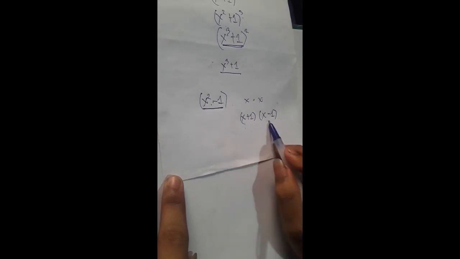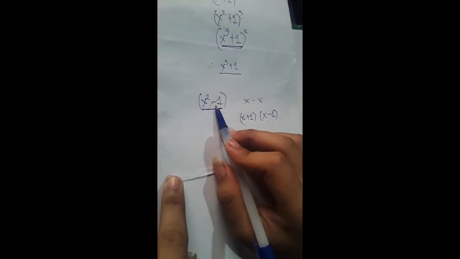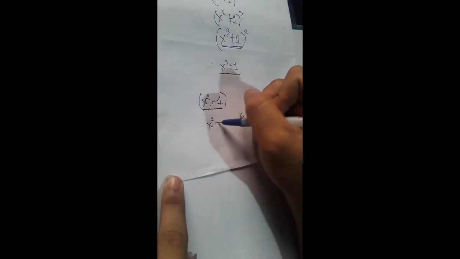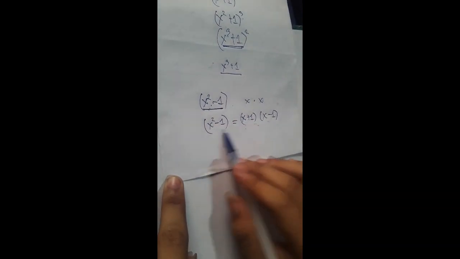So this is the factored form, or the equivalent, of x squared minus 1. These are equal.